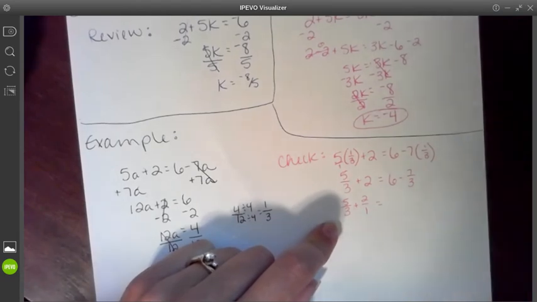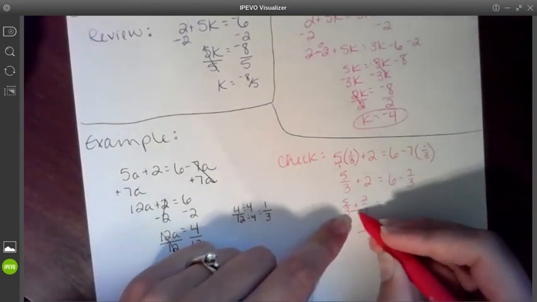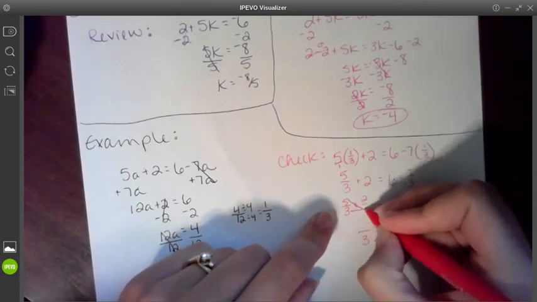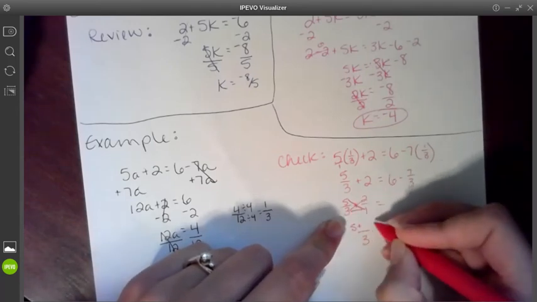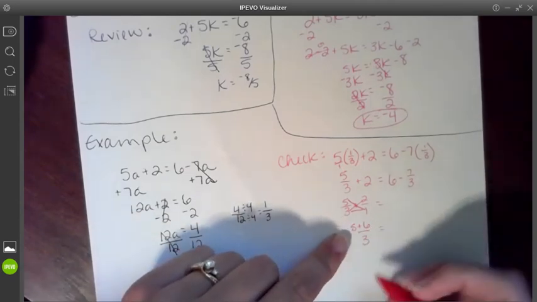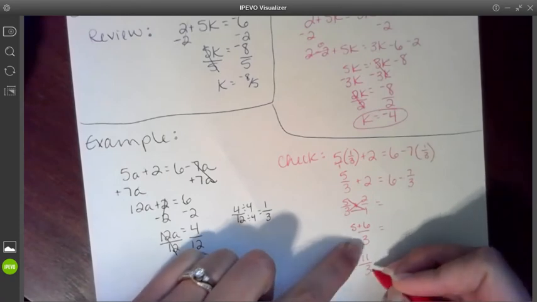So I'm going to multiply here to get my new denominator. So 3 times 1 is 3. And then multiply across here. 5 times 1 is 5, plus 3 times 2 is 6. 5 plus 6 is 11. So I have 11 over 3.